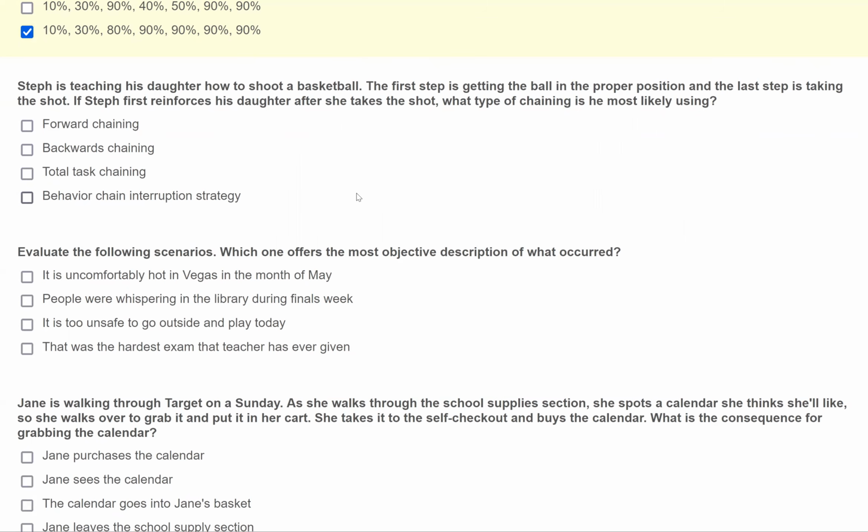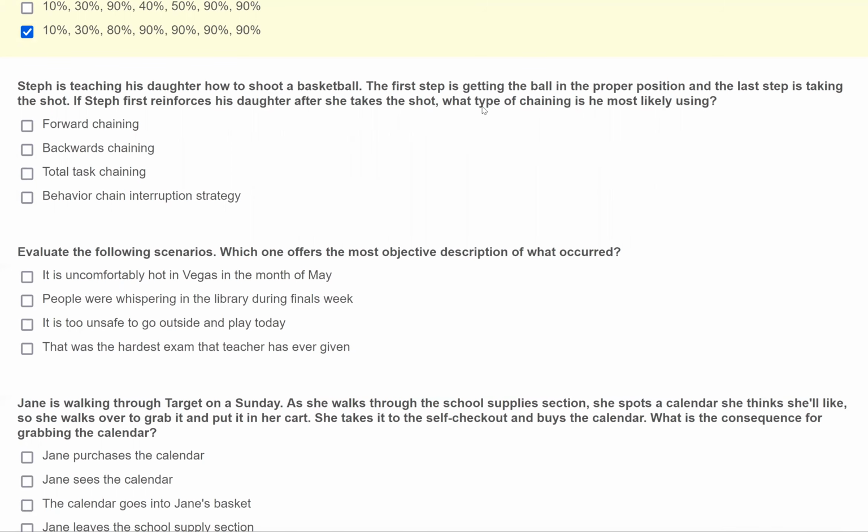With forward chaining, when do you reinforce? You reinforce after the first step, and after the first and second, so on and so forth. With backwards chaining, you reinforce after the last step, and second to last, so on and so forth. Total task, you're teaching the whole chain. Behavior chain interruption strategy, you're interrupting the chain. When is Steph reinforcing? Well, he first reinforces his daughter after she takes the shot.